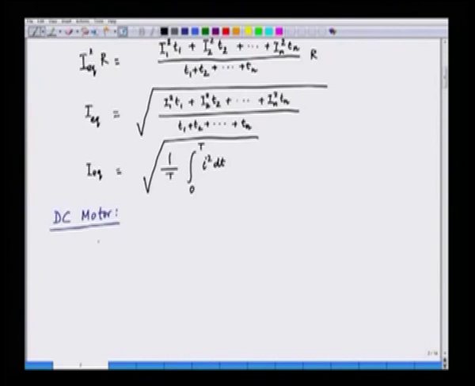Usually what we do here, the first step is to choose I rated to be the next higher available current rating. So, what we do here, we choose I rated based on the next higher available current rating.